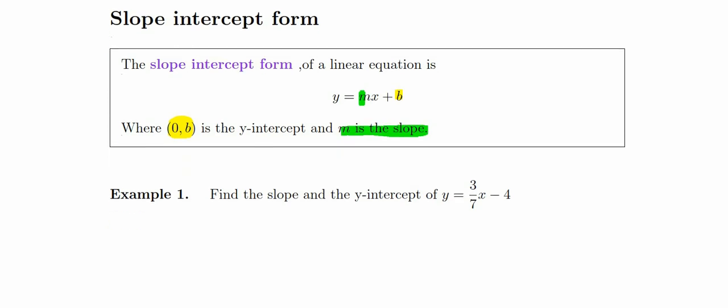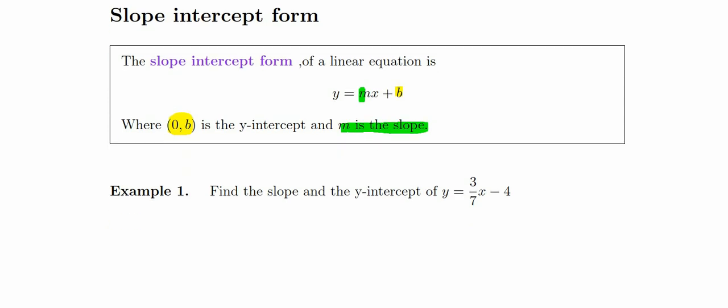Okay, so starting off with just recognizing what these numbers are. If I want to find the slope, and we typically use m for the slope, that is the coefficient for x. So in this case, the slope is 3/7.